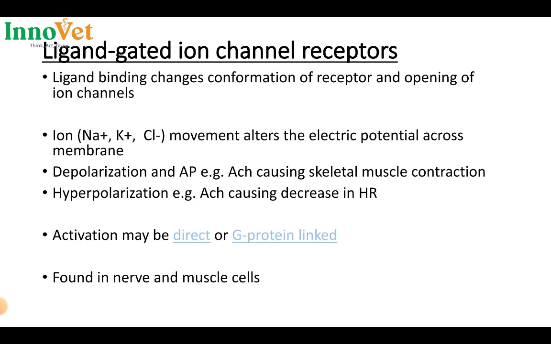So let's go on to the ligand-gated ion channel receptors. Ligand binding under this changes conformation of the receptor and causes opening of ion channels. So when our exogenous ligand binds to the receptor, it will cause conformational change of the receptor, leading to opening of ion channels.